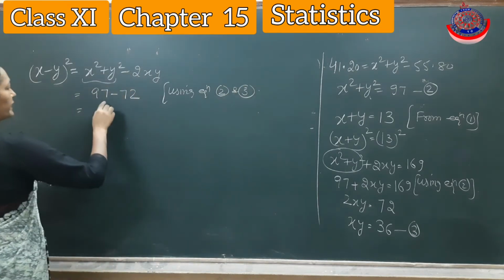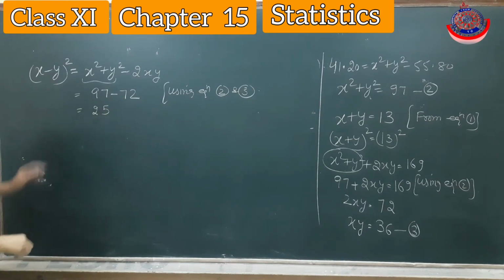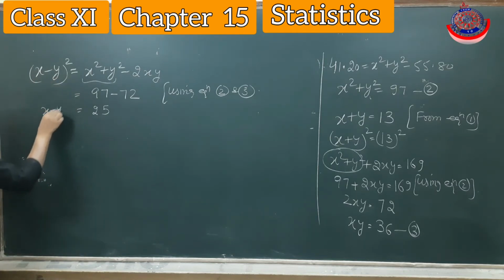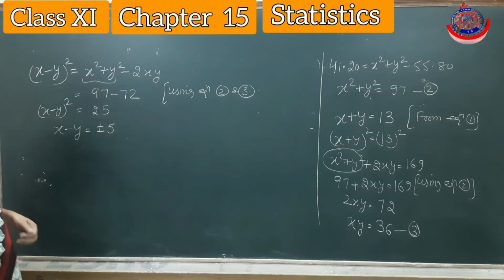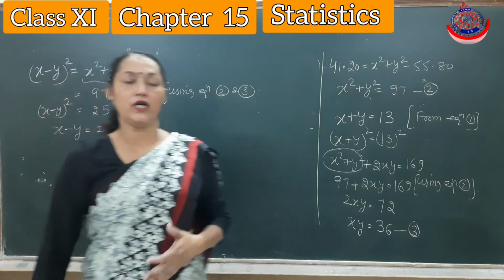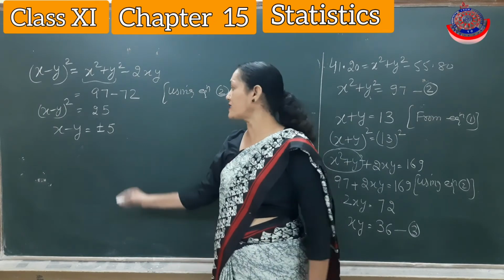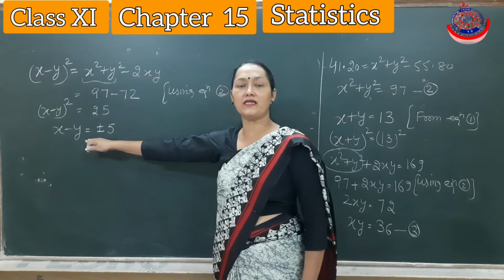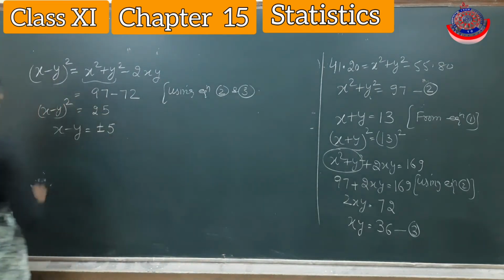So we have obtained 25. This is x minus y whole square. That means x minus y can be written as plus minus 5, because 25 can be written as plus minus 5 whole square. We had the value of x plus y as 13. The value of x minus y we have obtained as plus minus 5. Now we solve these equations by the elimination method.